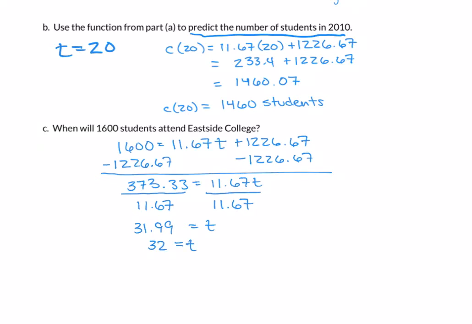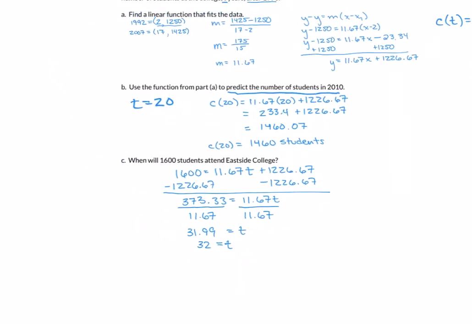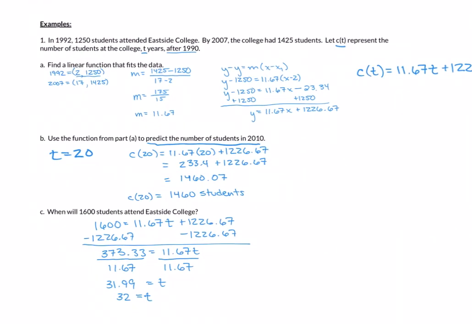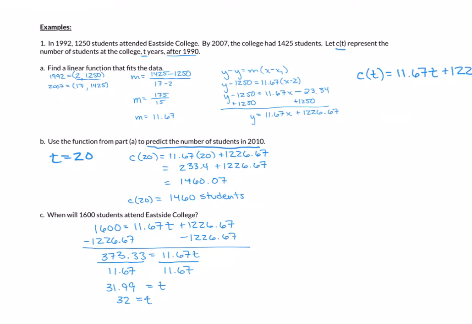Now again, we do want to take into account our application problem. Are we going to have 1,600 students in the year 32? The answer is no. So we do want to go ahead and take our time to calculate what year that is. Remember that this is the years after 1990. So I'm going to add 32 onto 1990.